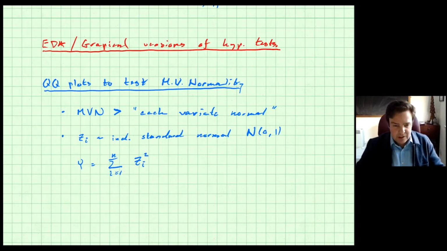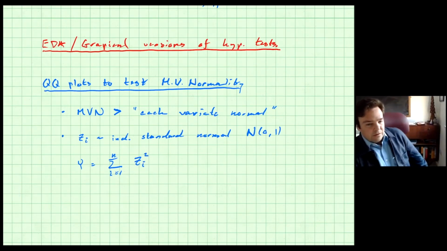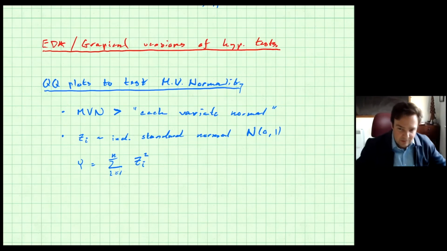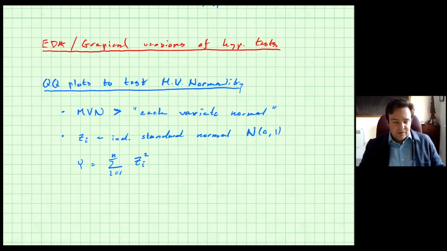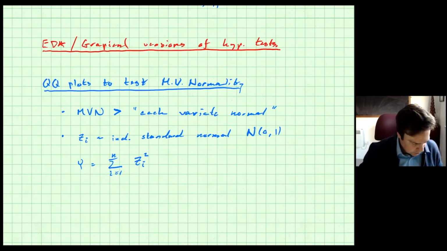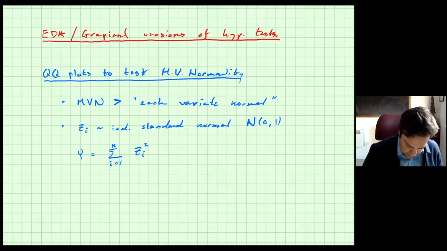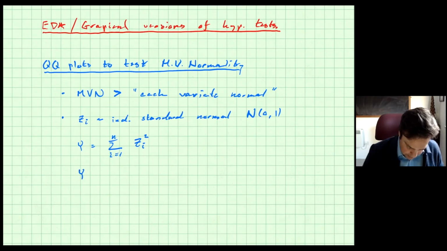Right, so each column of your data set you could certainly standardize, right? And then you could add the square of all of those up, and that's your variable called y. Then it turns out that y, maybe you know this already, should have a chi-squared distribution with degrees of freedom n.